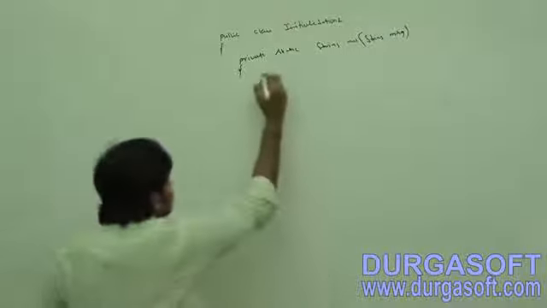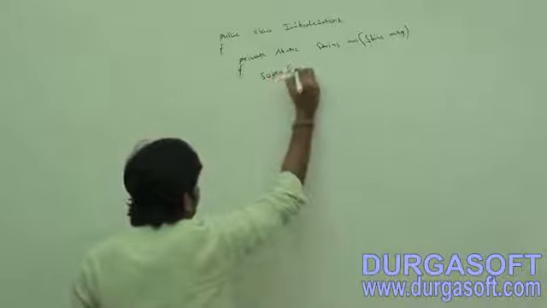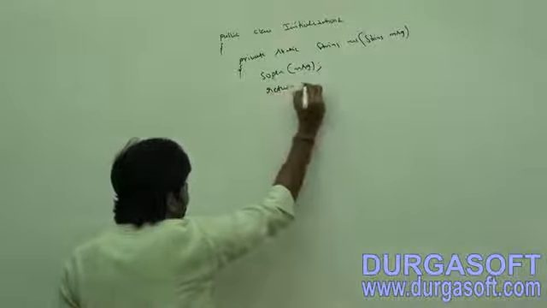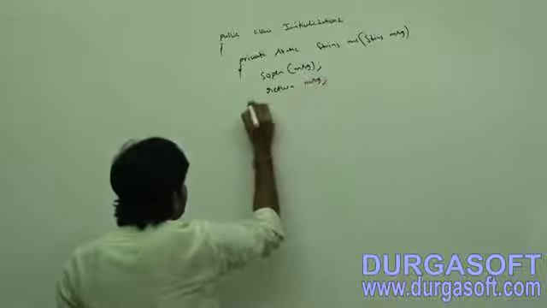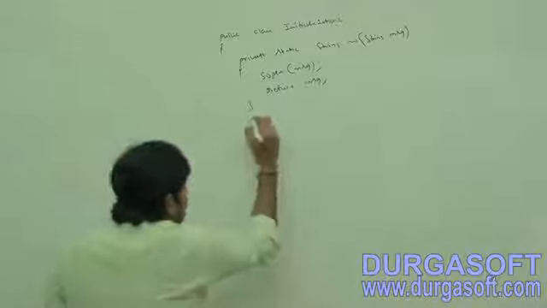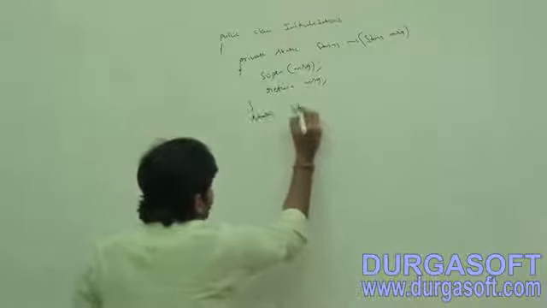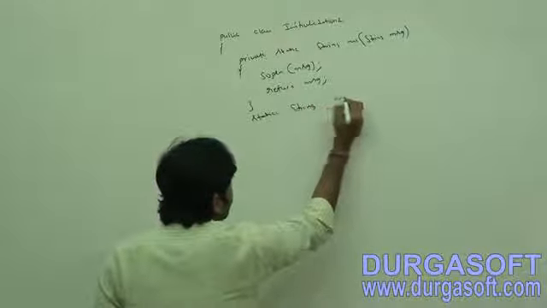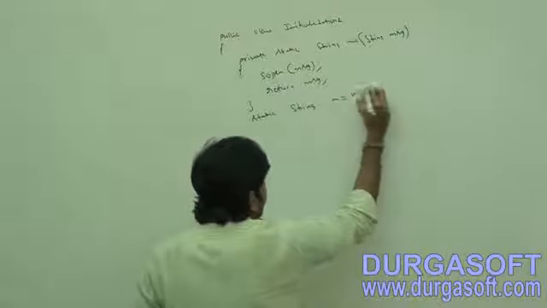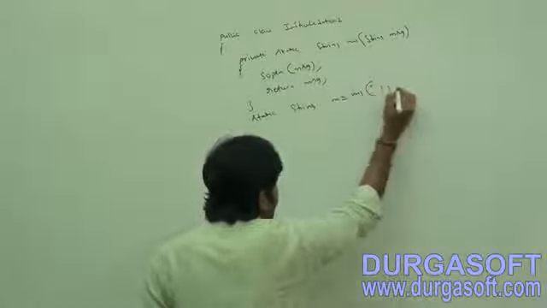What we have to do? System.out.println msg, and then return the same message msg, like this. And then I am taking one static variable, static string m is equal to m1 of 1.